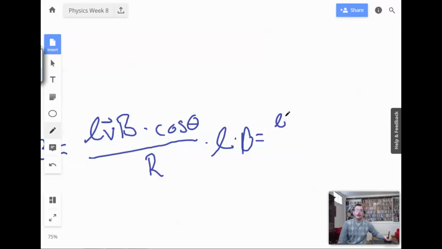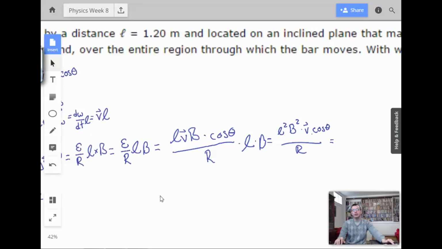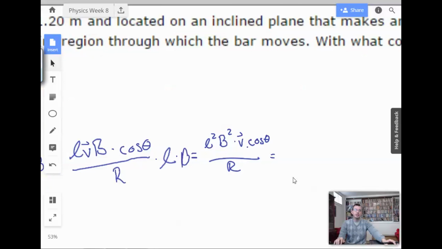We'll have L squared B squared V times cosine of theta over resistance equals, and what is it, mg sine theta. Mg sine theta.